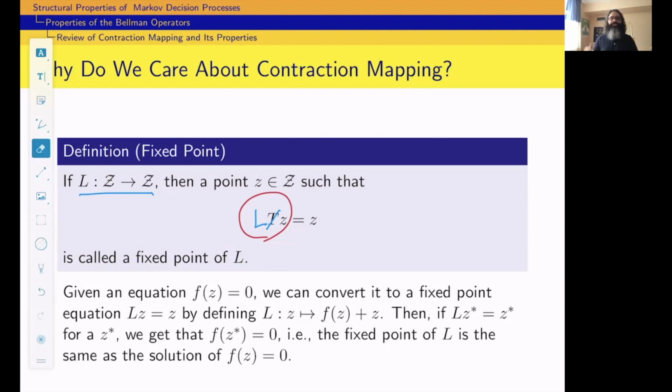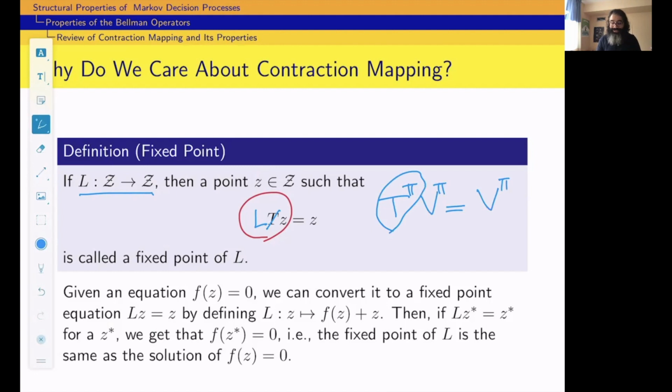And if you think about several slides ago when we were talking about Bellman operators, if you recall, we had something like T^pi of V^pi was equal to V^pi. So this is basically saying that this is an operator, because it operates on value functions.